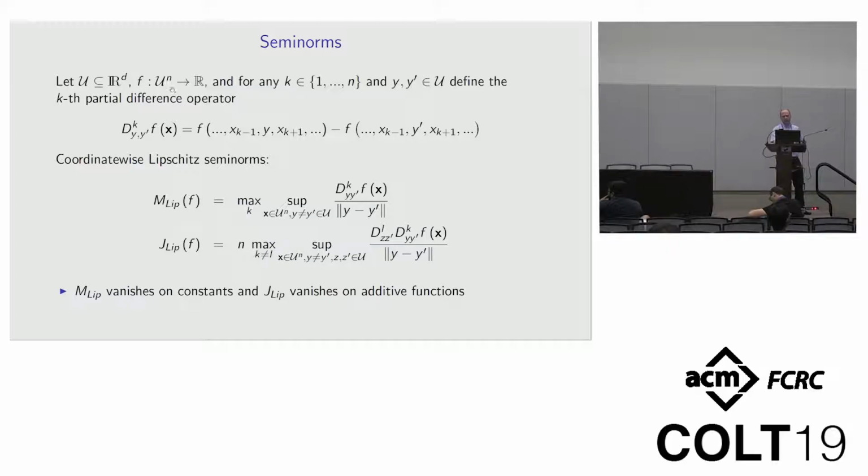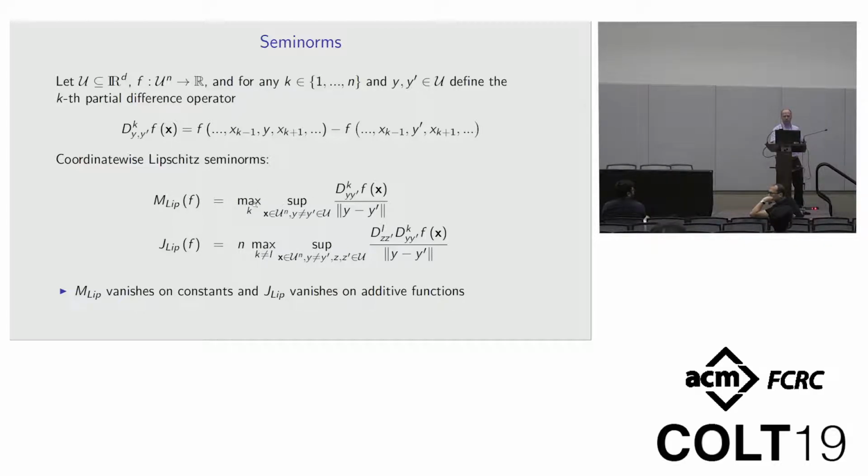And then we recall the k-th partial difference operator, which, like in the case of the McDiarmid inequality, the bounded difference inequality, looks at the difference of the function f when you perturb one component. Here you have the same argument except for the k-th component, which is y here and y prime there. And these coordinate-wise Lipschitz semi-norms are of the first and the second order.